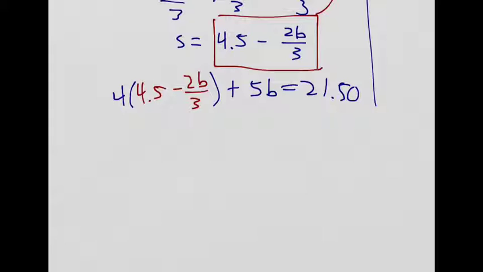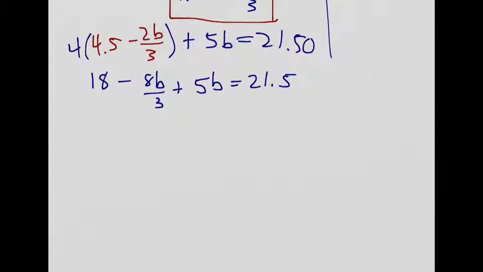And that gives 4 times 4.5, which is 18. And then 8B over 3 plus 5B equals 21.5. I'm going to bring over the 18.